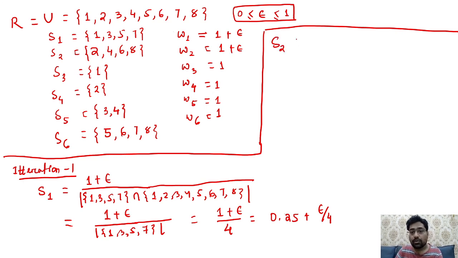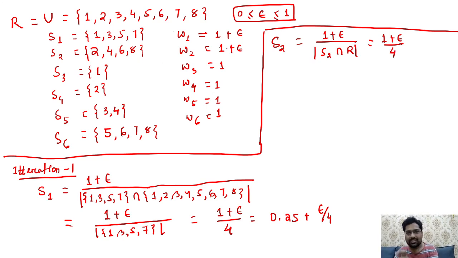For S2 directly I'm writing 1 plus epsilon divided by, whenever we are saying S2 intersection R, so R value is this one and intersection you are doing, so definitely I am writing 1 plus epsilon divided by 4, because 4 elements are there, and you are getting the same thing. So 0.25 plus epsilon by 4.